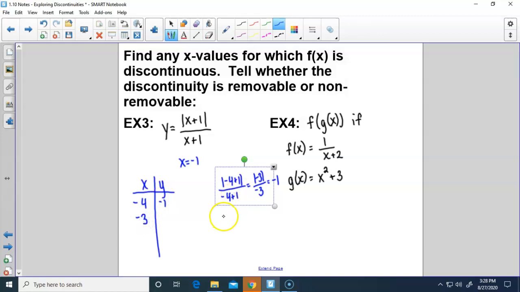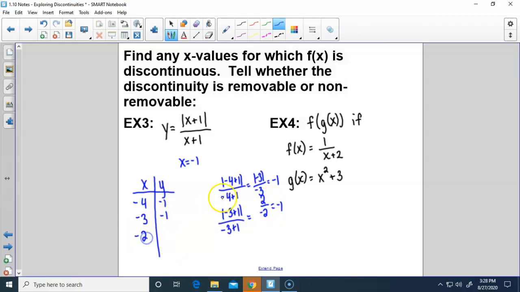With -3, I would have the absolute value of -3 plus 1 over -3 plus 1. In that numerator, I get the absolute value of -2, which is +2, and then -3 plus 1 is -2. So you can see I'm going to get -1 again.